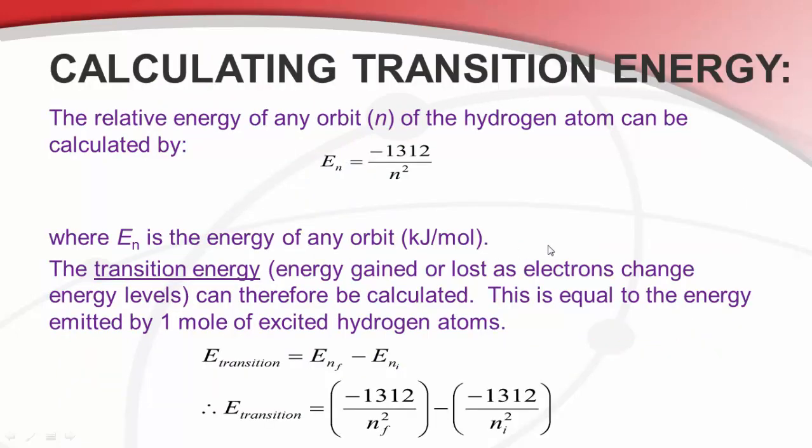And you could go further and you could calculate the energy of an electron based on its orbit. So you could essentially take this simple formula, negative 1312 divided by n squared gives the energy. And you could even calculate the transition energy then, because you could say, well, when it goes from level 1 to level 2, you could calculate the energy that was released.